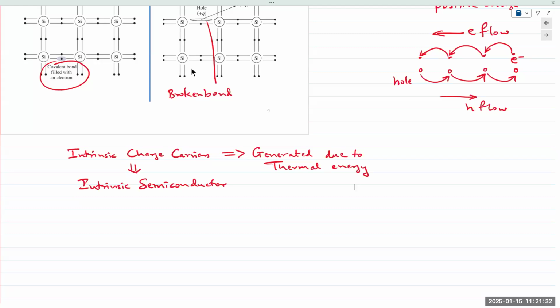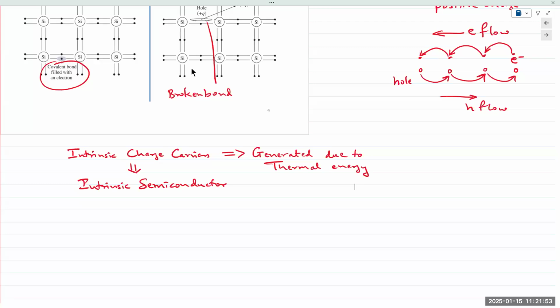So if there's a piece of silicon material sitting at room temperature with no other factor except for room temperature, meaning thermal energy relative to absolute zero, we say that the material is at thermal equilibrium. If it is at thermal equilibrium, then the numbers of electrons and holes that are present are exactly the same. They're equal in number.